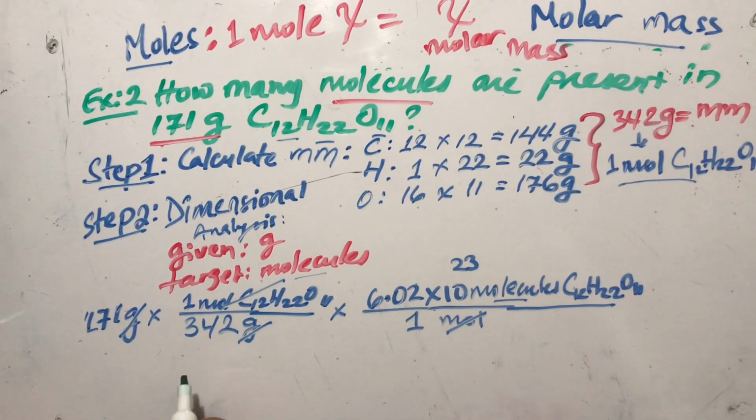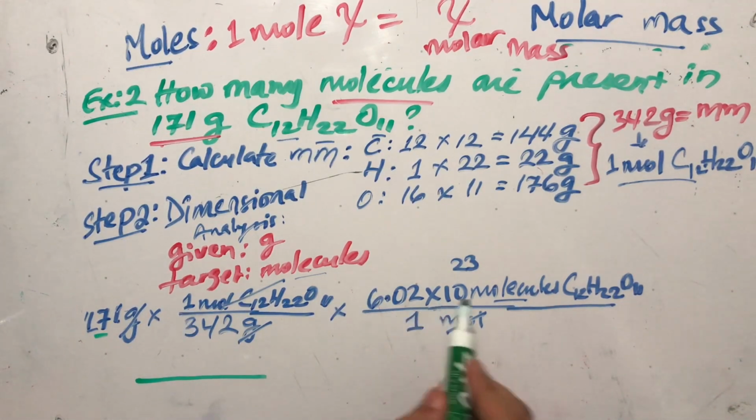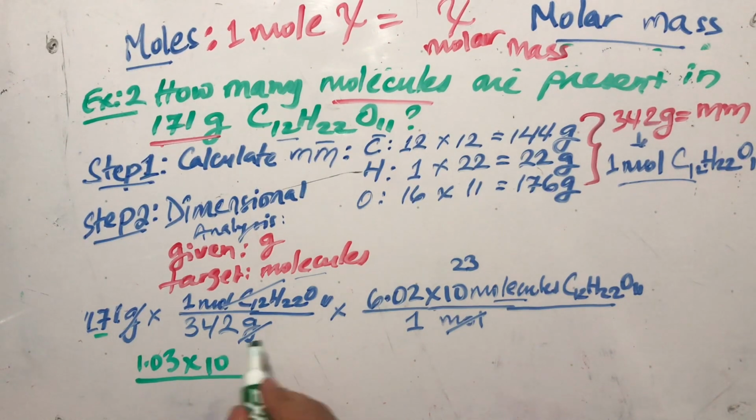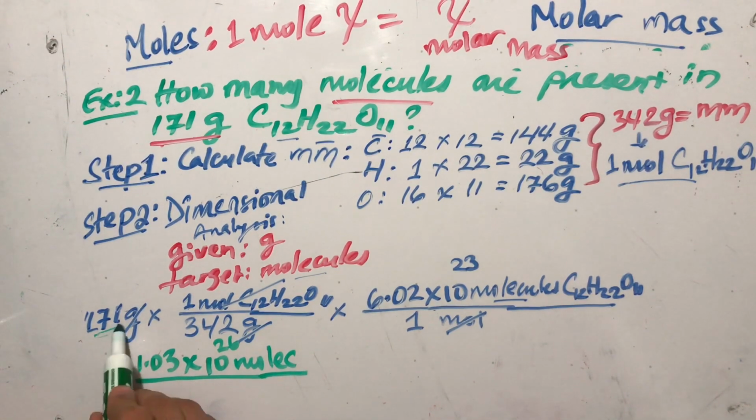So make a fraction, you multiply 171 times 1 times 6.02 times 10 to the power 23, and you get 1.03 times 10 to the power 26. I'm just going to write molec for molecules of that compound. And the bottom one is 1 times 342 times 1, which is 342, and we do not have any units left.